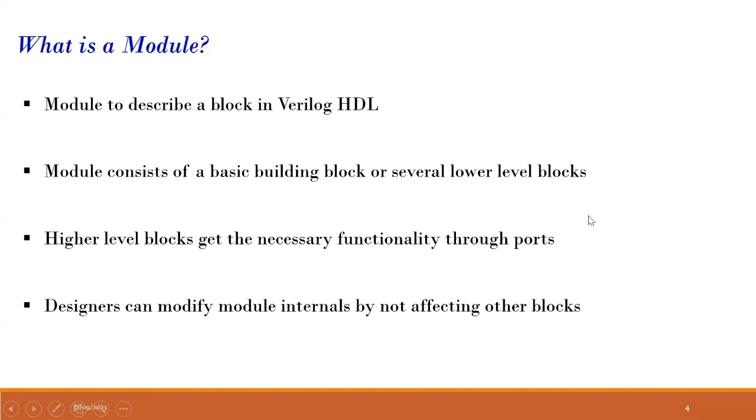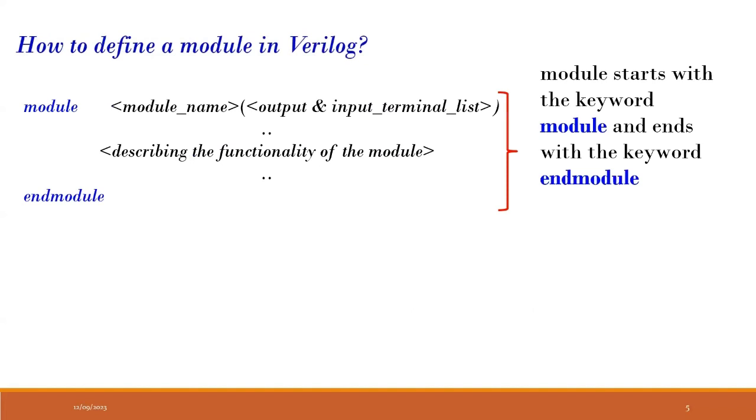So a module is a basic building block. So why do we write a module? One set of code which pertains to one particular function, we will write in a module, so that it is in a modular structure. Whenever we need that set of code, we just have to call that module. So in that way we can specifically test each module, and then when we want to combine all these modules together, we can call those smaller modules in a bigger module, right? So this is how you define a module.